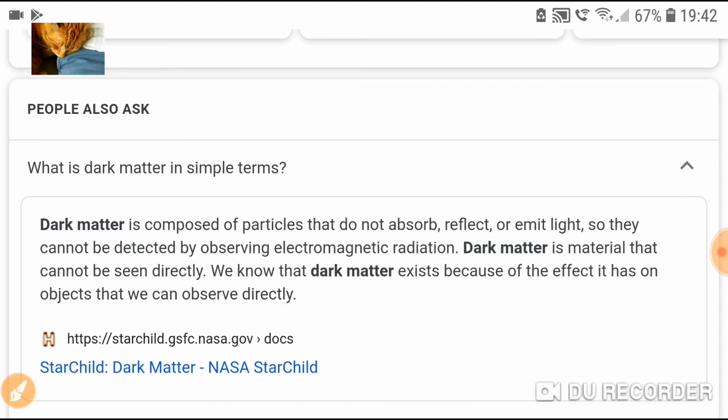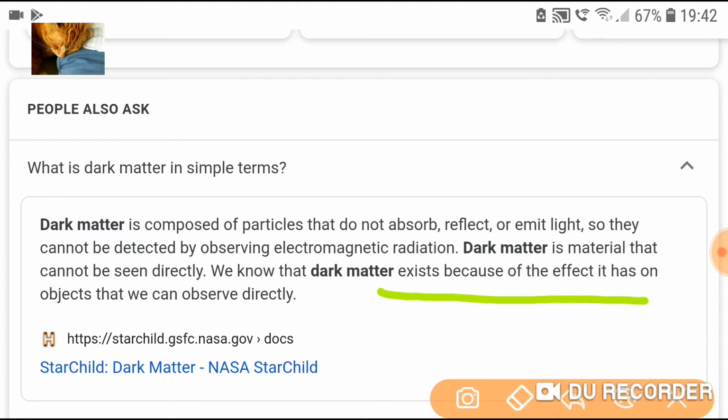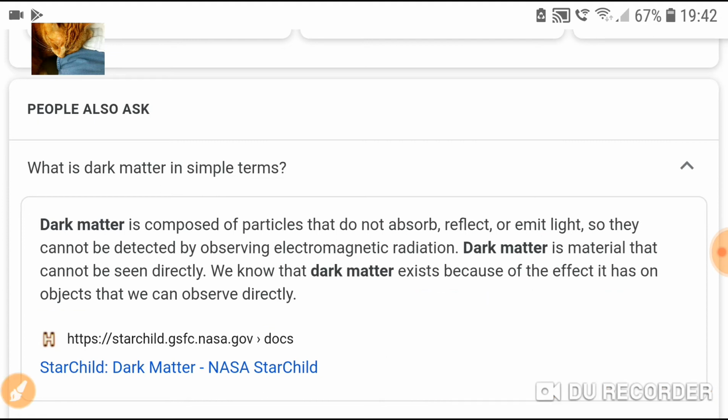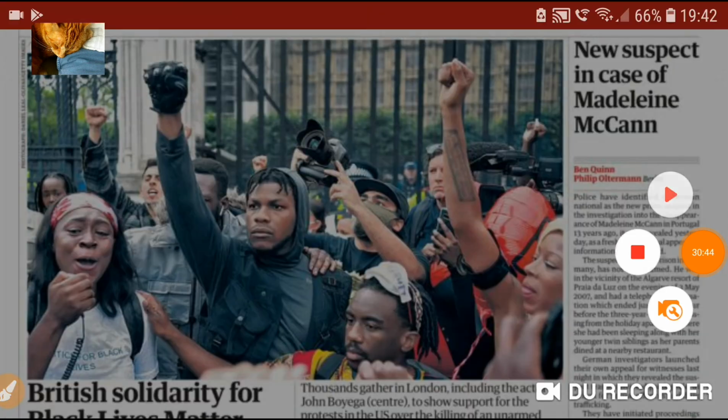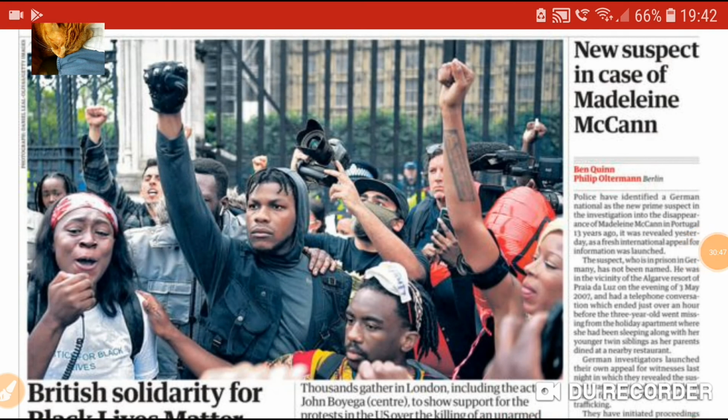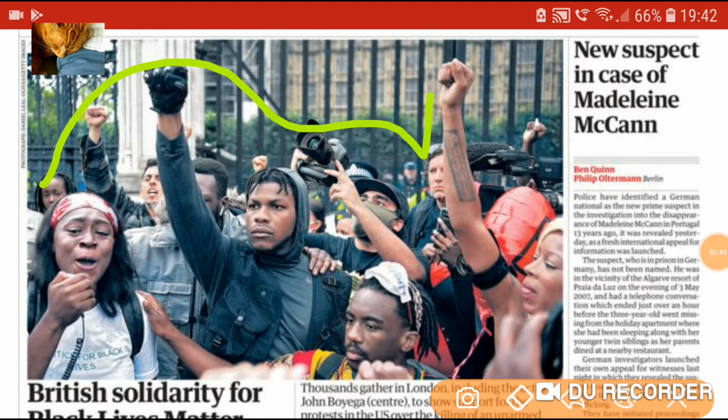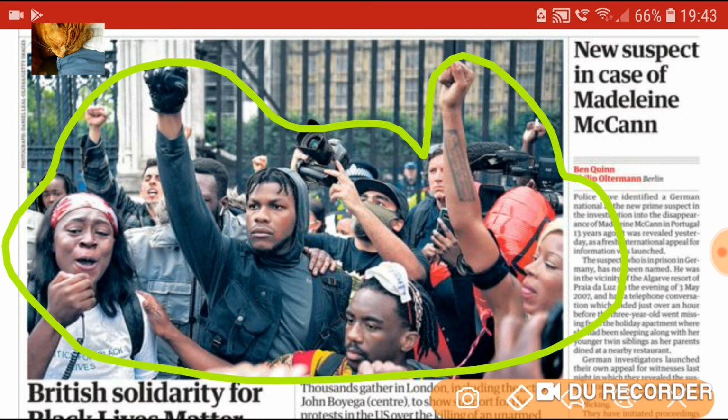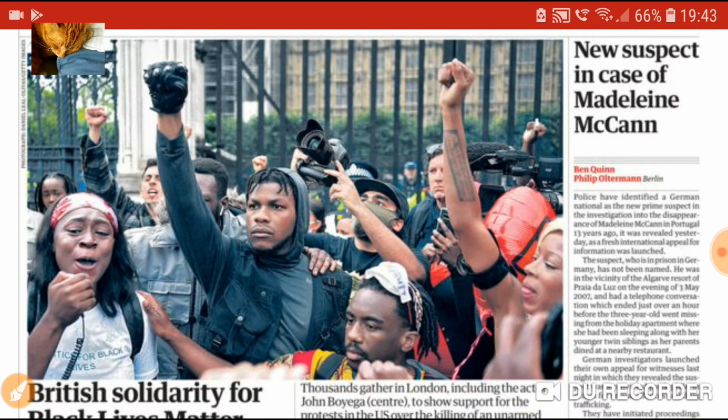Racism is the same. It only exists because of the effect it has on people, that we can observe directly. Black and white people. Any race of colour across the whole world. Stop allowing racism to exist by removing it from your thought process.